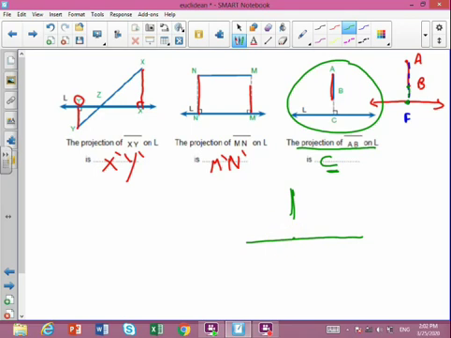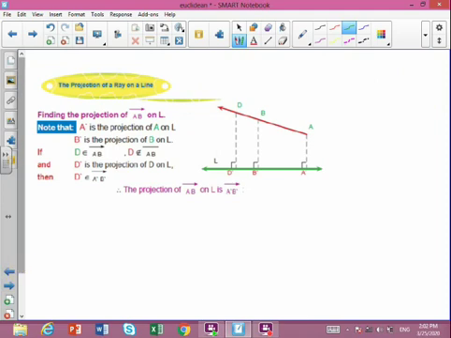If I have, before going, I will say this quickly. The projection of a ray, the same idea. I have ray AB. A will go down A dash, B, B dash. So the projection of ray AB is the line A dash, B dash. Okay? It is the same idea.